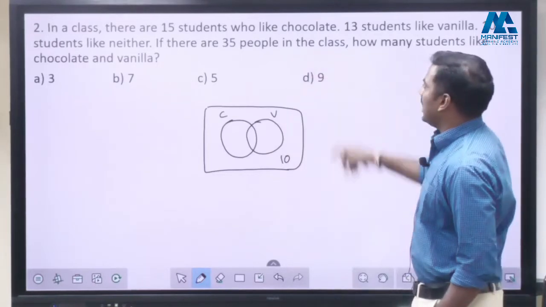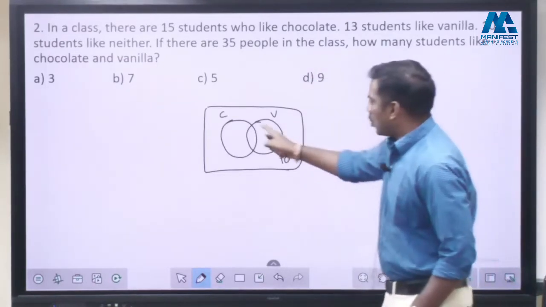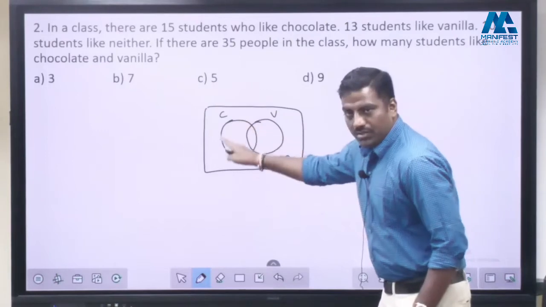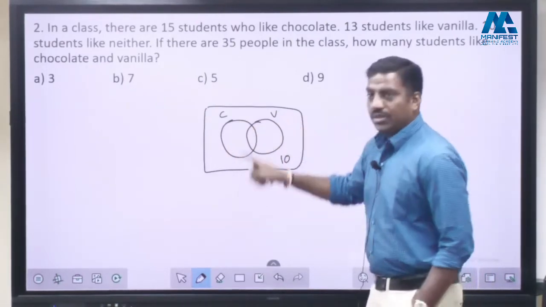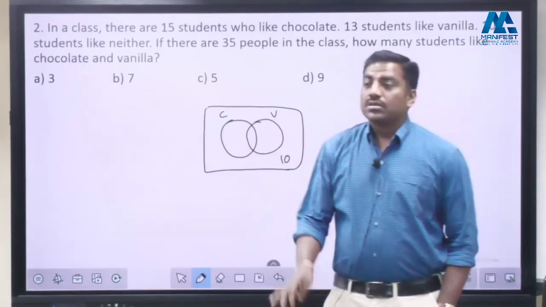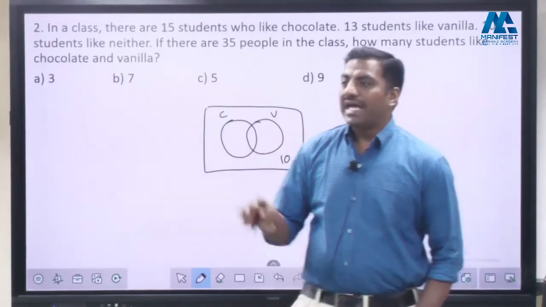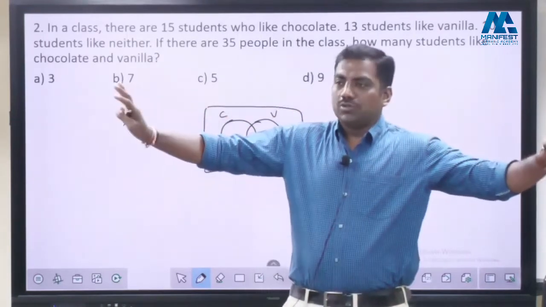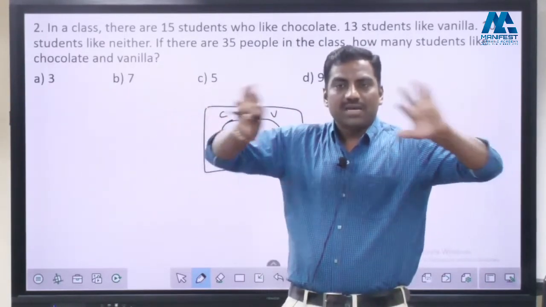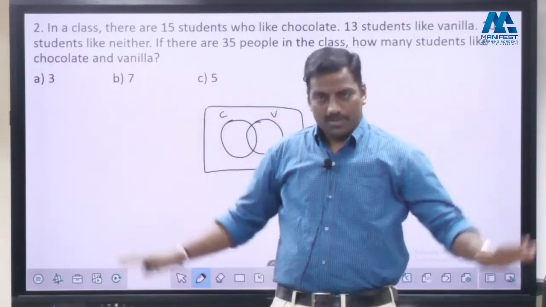But 15 students like chocolate. That means totally they will be here, 15 students. 13 like vanilla, so they will be here. Let us say there are no people who have the liking for both. Let us say they are mutually exclusive, no overlapping at all.